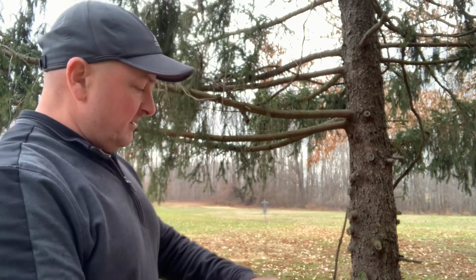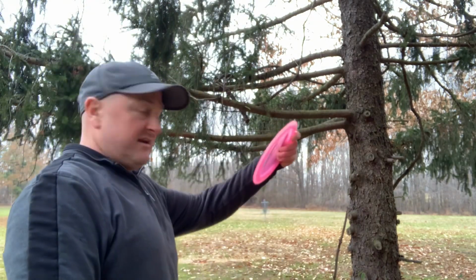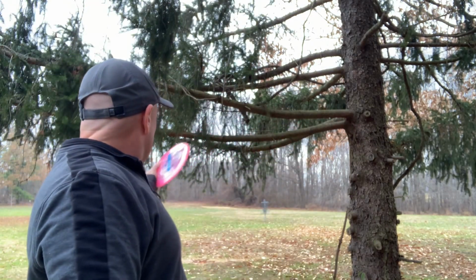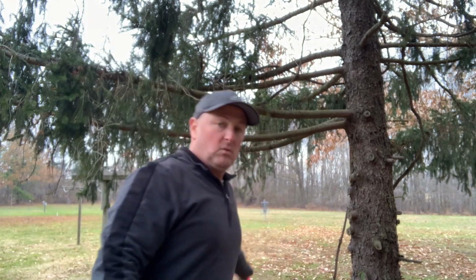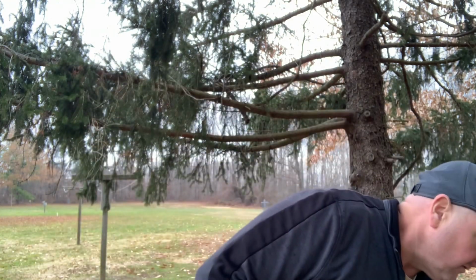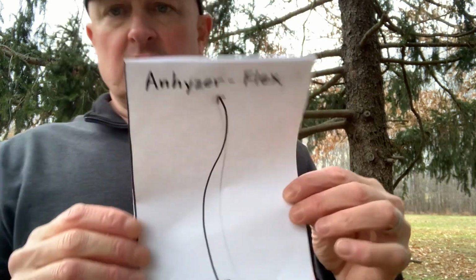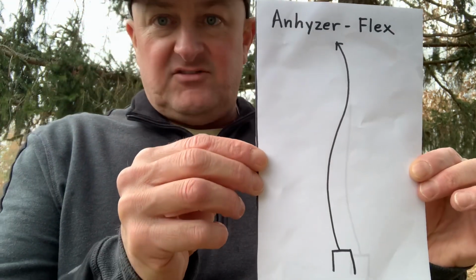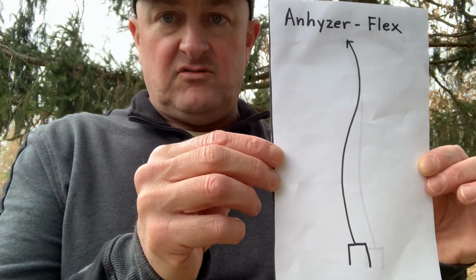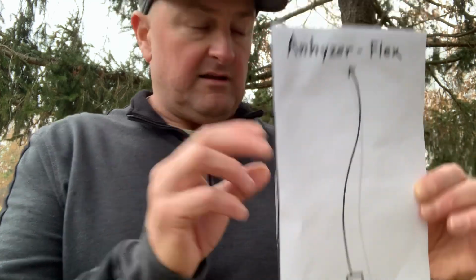If you're left-handed, you're going to be releasing with an anhyzer. It's going to move to the left and then flex back to the right. Okay, very useful kind of S-turn shot, and it all depends on the stability of your discs that you're using.